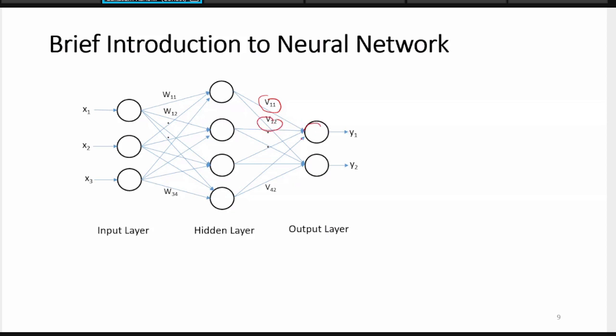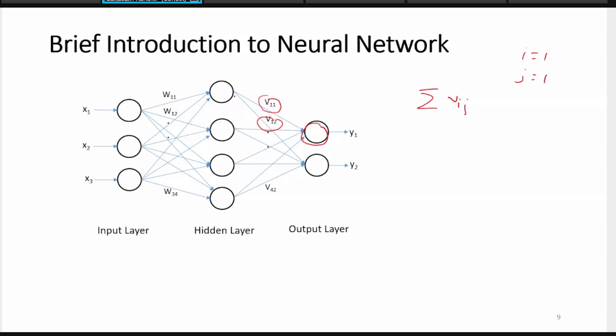In these circles, the first thing is that you combine all the incoming connections, which means you perform a sum of all of them. If you have a weight V_ij, then when i is equal to 1 and j is equal to 1, this corresponds to V11.